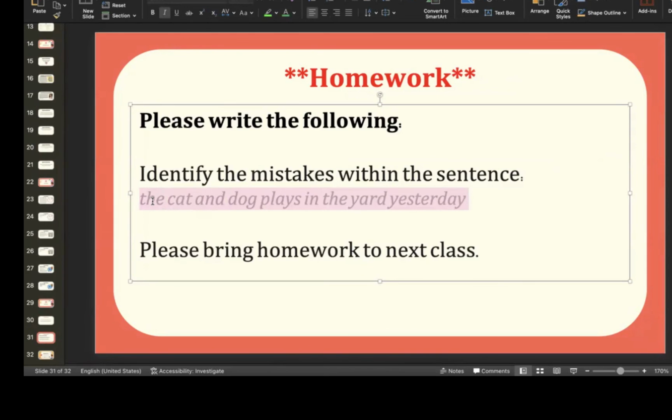There's a couple of mistakes here. Does everyone understand? Jack, do you understand? Yes. You don't need to say it right now, Jack. You can do it for homework when you have time, but thank you.